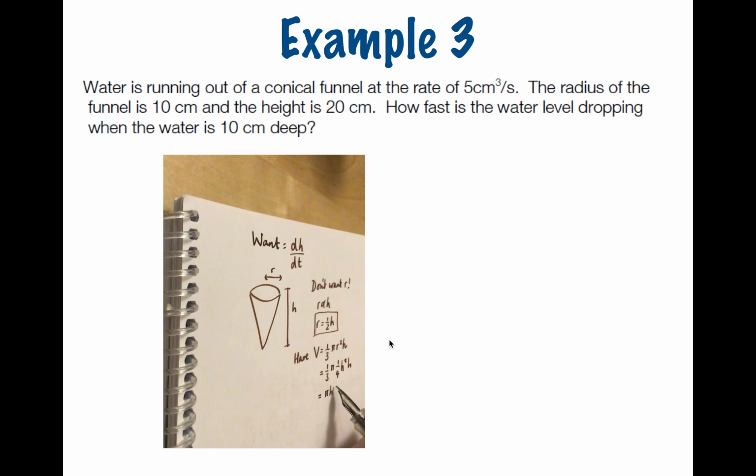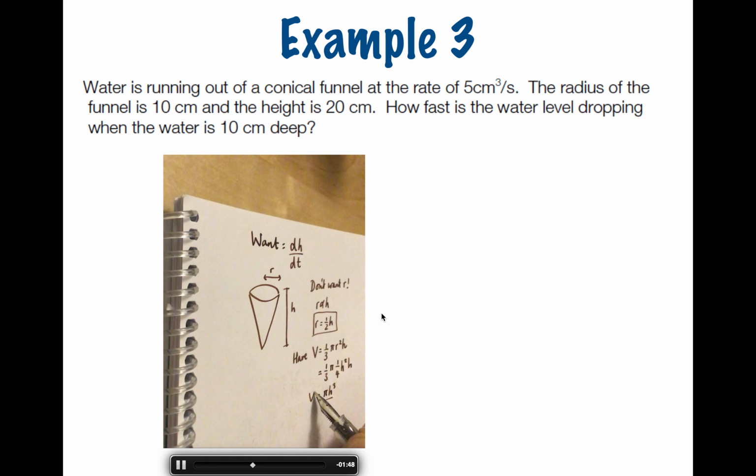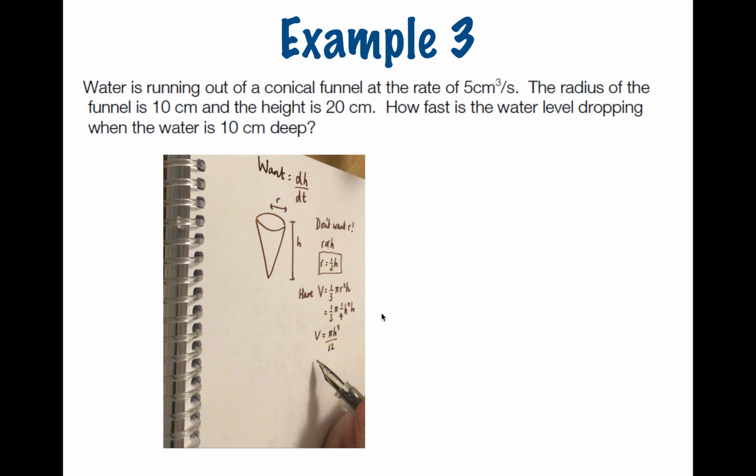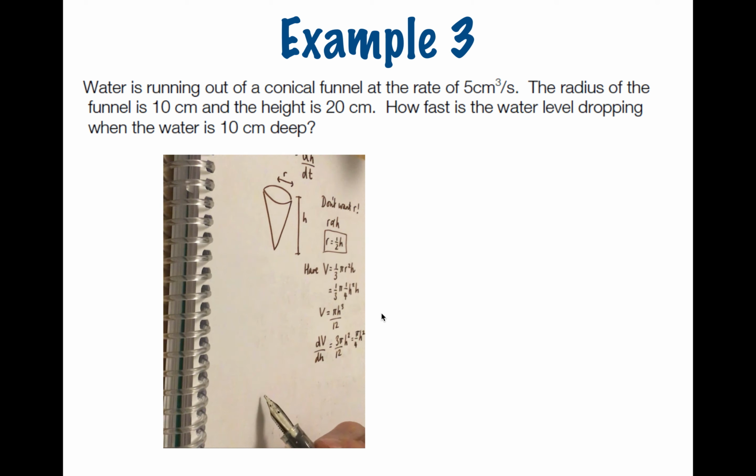We're replacing that r squared with the formula that connects r and h. So the volume is equal to pi h cubed over 12. Right, now we've just got one variable. That's much better. So dv by dh is 3 pi over 12 h squared, or pi over 4 h squared.